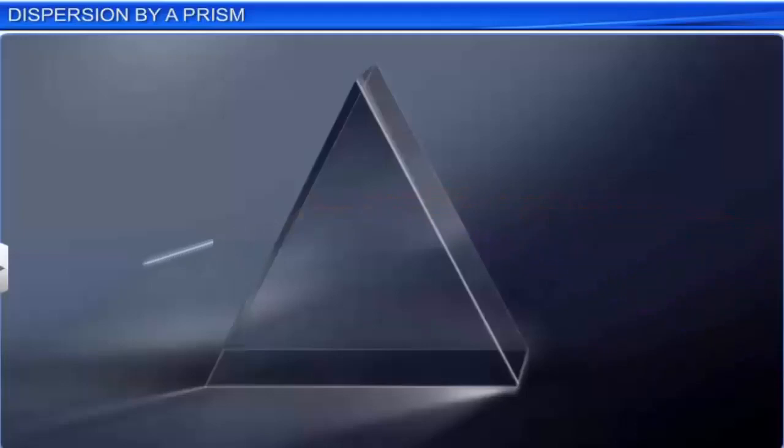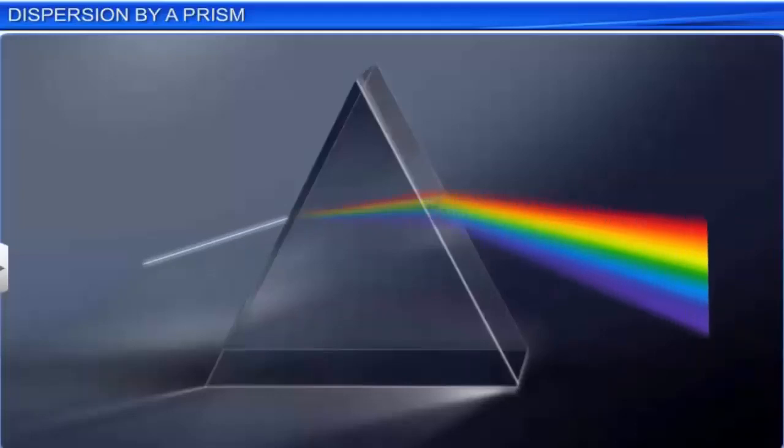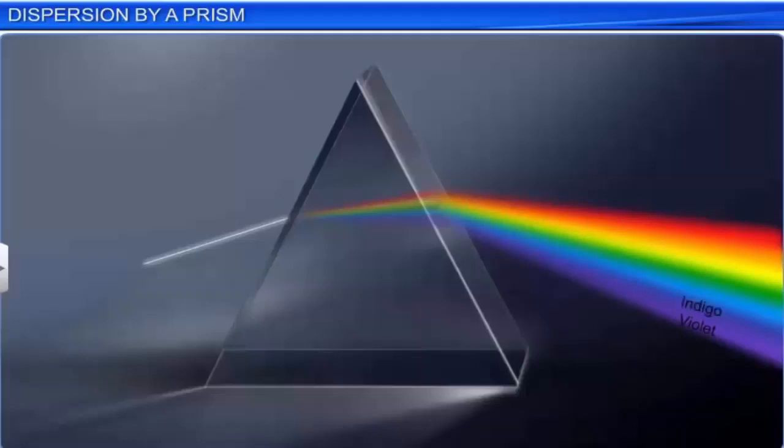Another important observation is that the colors always appear in a specific sequence. This sequence of colors is violet, indigo, blue, green, yellow, orange, and red.